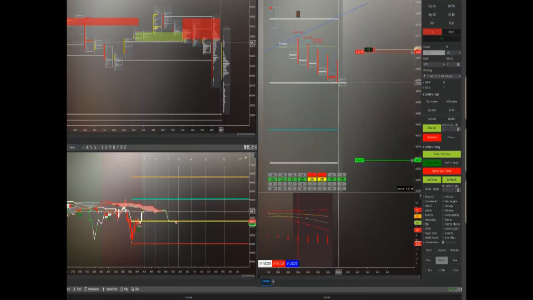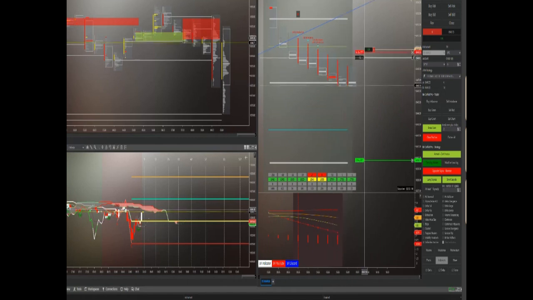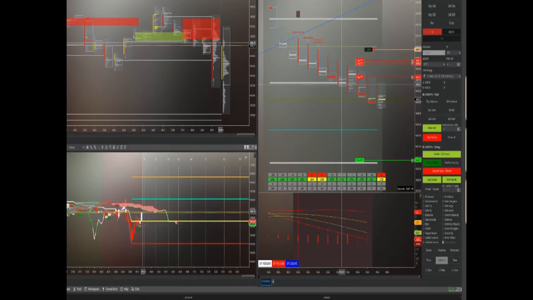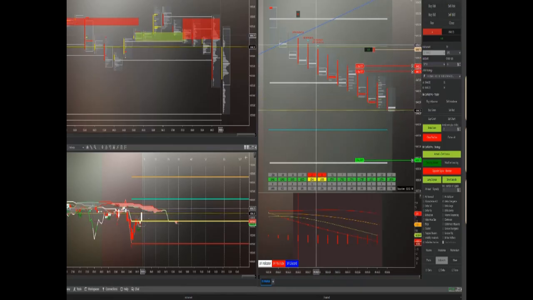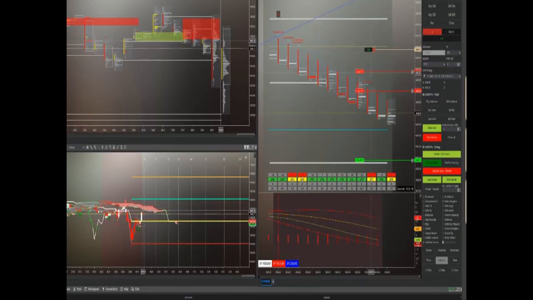But we're coming up to support right there. These are overlapping. It started to pull back, but it couldn't do it. I'll always watch these. When these value areas start overlapping, it's time to protect capital. I know because I have order flow that's so sensitive, it will get me back in.